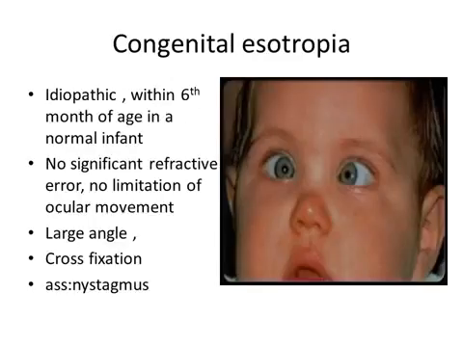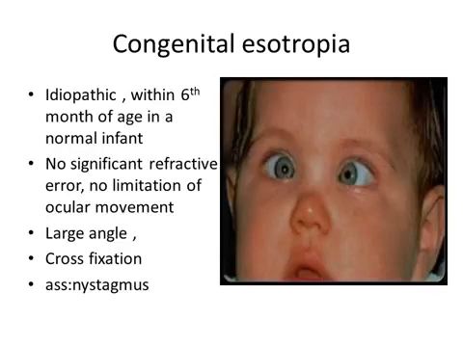What are the clinical features of congenital esotropia? It is an idiopathic condition that usually starts within the first 6 months of life in a totally normal infant. So the infant is healthy, with no CNS abnormalities and no other features, and there is no associated significant refractive error, so no hypermetropia is seen in these children.